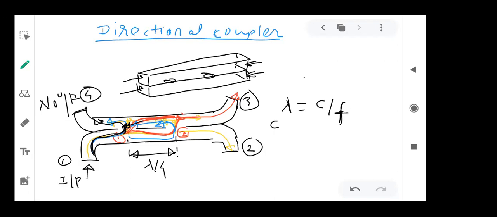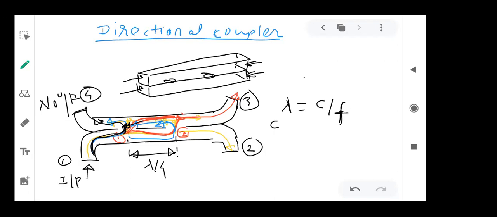So you can operate this waveguide, suppose it is designed to work at 10 gigahertz. Then you cannot operate it at even multiples like 20. No, you can use it at 30, then 50, odd multiples.